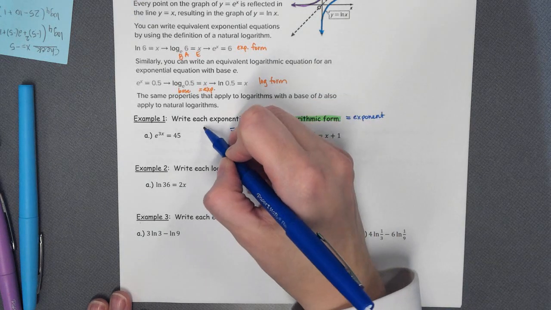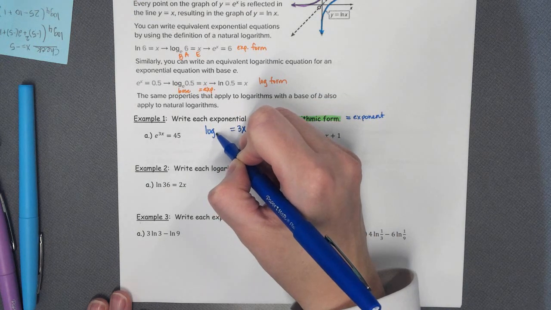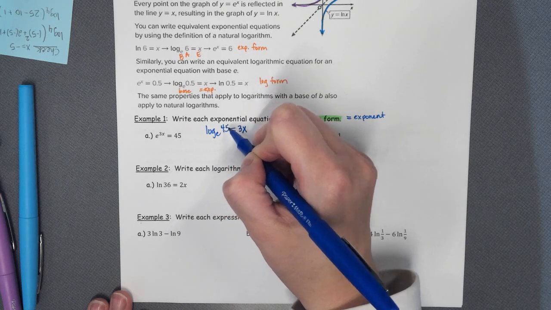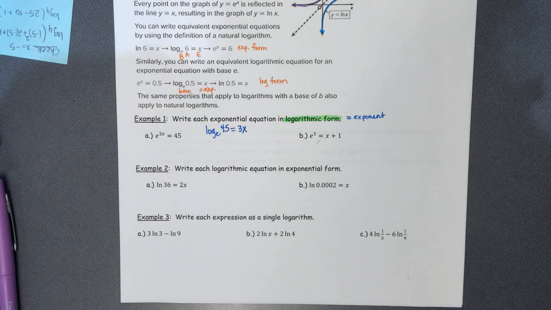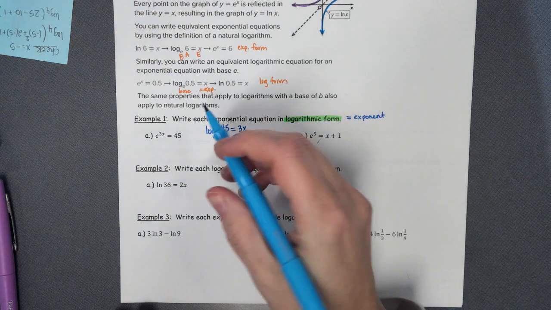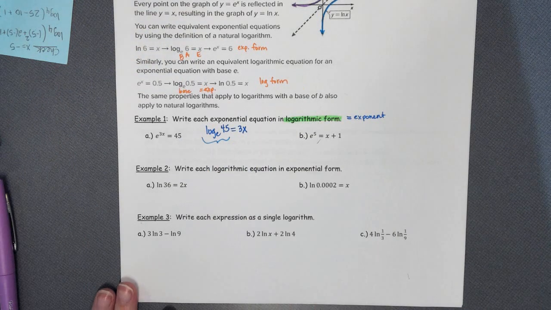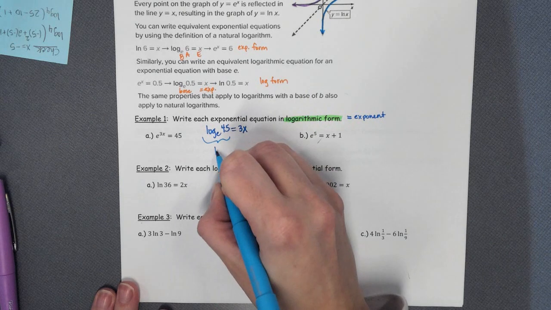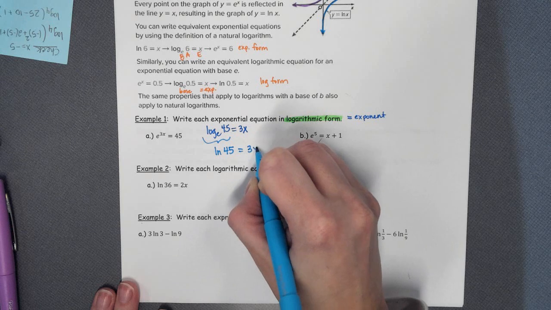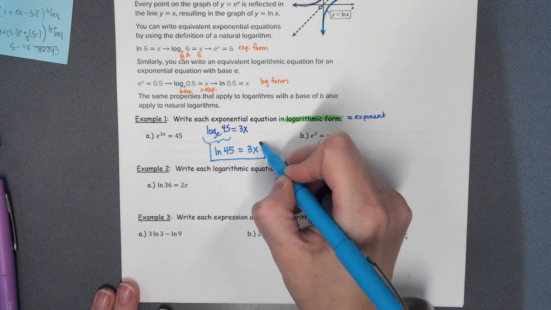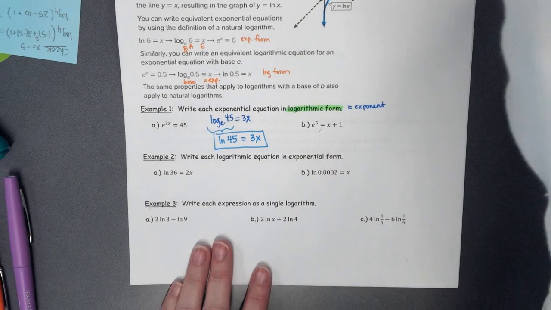And then what's the base of your log? E. So it's log base e of 45 equals 3x. But we're not going to leave it like this, because log base e is the same thing as the natural log, ln, and so this is going to be your final answer.